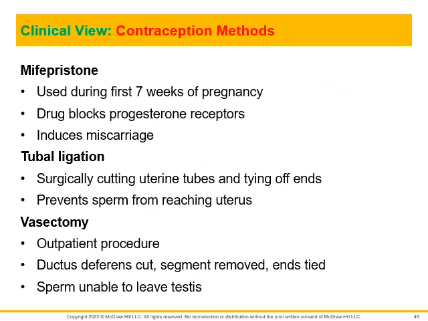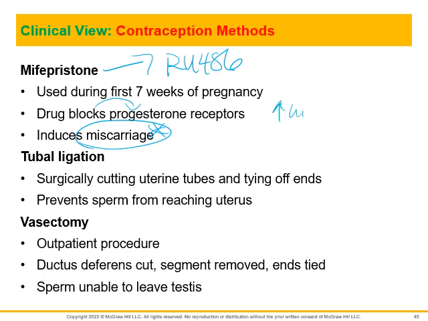Last slide here. There is a contraception method that could be called an abortion pill. This particular drug, sometimes called RU486, induces miscarriage. So it actually blocks the progesterone receptors. And remember, high progesterone is what's keeping that endometrial lining intact, right?